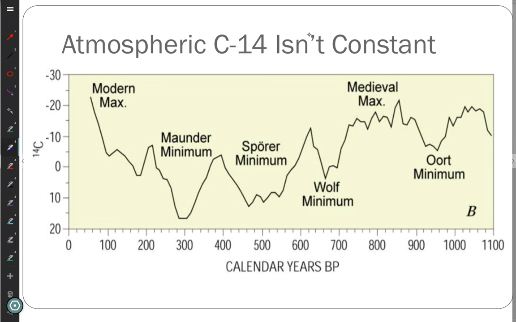We are actually higher, according to this graph, in carbon-14 than we were back at the medieval max, which suggests the temperature is probably warmer than it was the medieval max as well, but that's not the point of today.